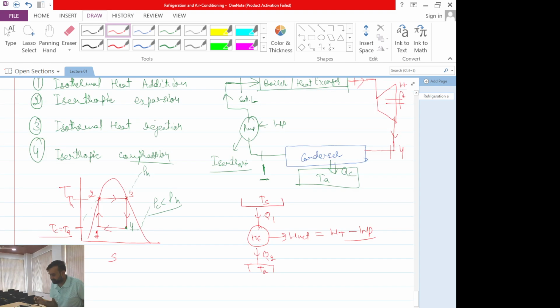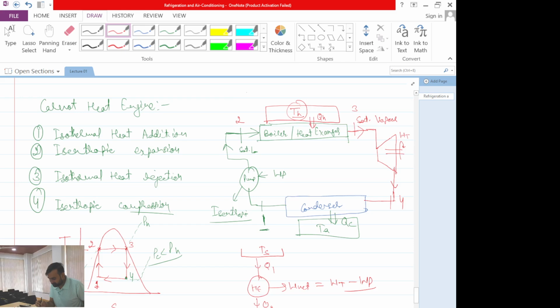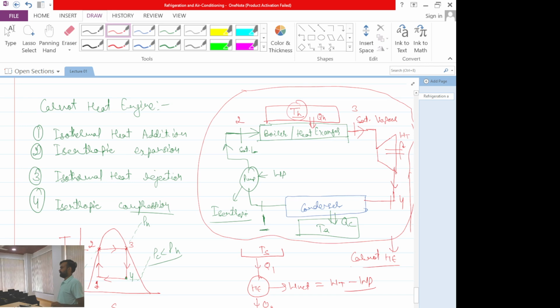Inside this circle are all four components. So this entire thing is actually forming your Carnot heat engine. Is this one clear? Inside the circle, all four components need to be placed and operated simultaneously. Does anyone have any doubt up to this point?